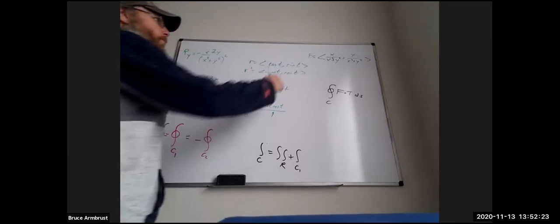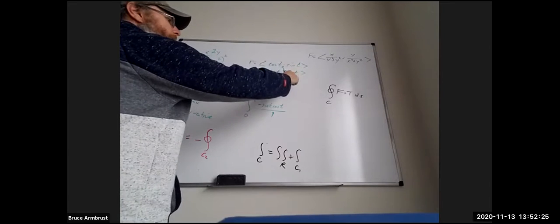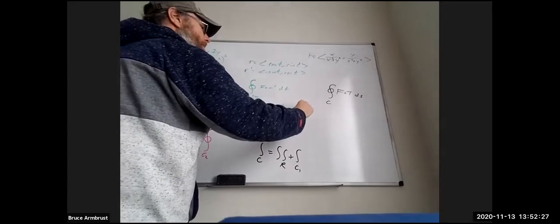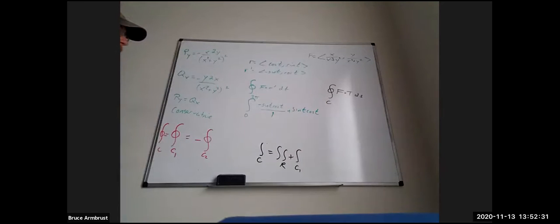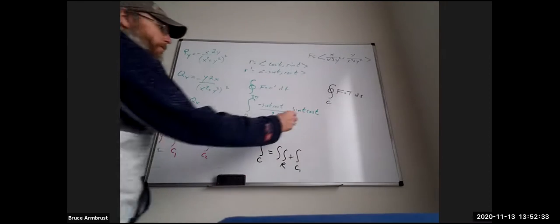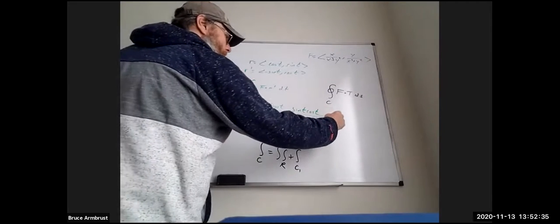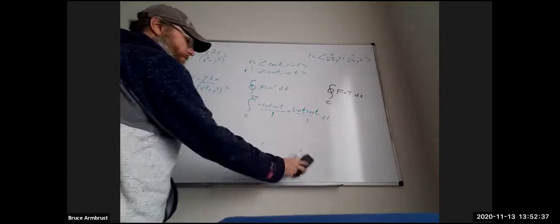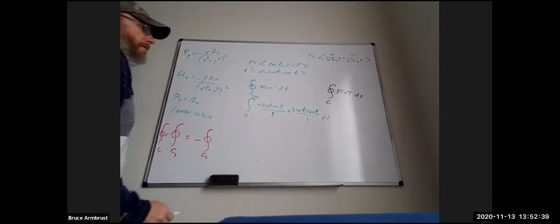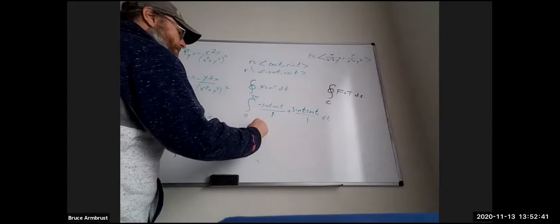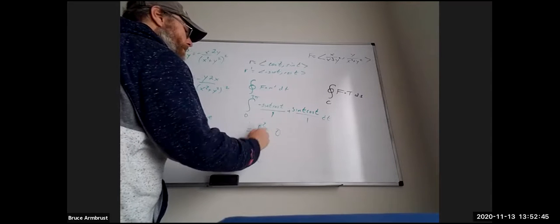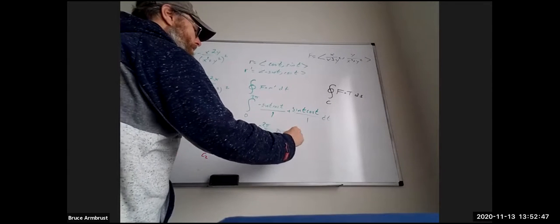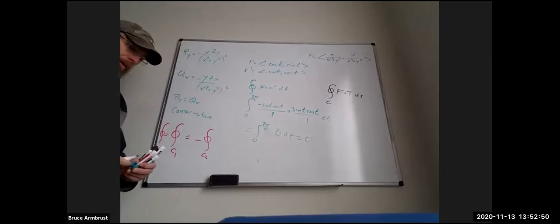The other one, if I do y, I get sine times cosine, so plus sine t cosine t, also over 1. All right, well, that's the integral of 0, which is 0.